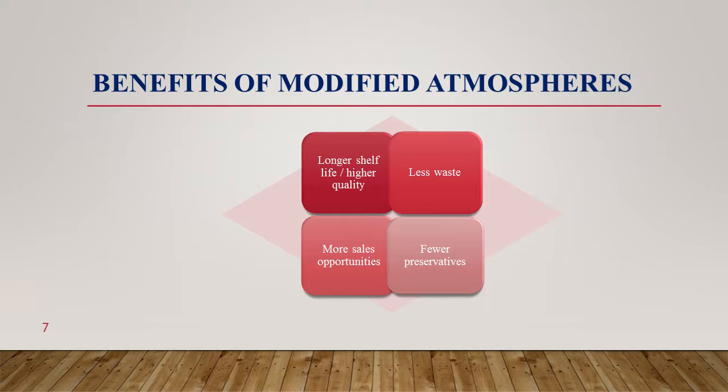Third, more sales opportunities. For growers and consumers, it can extend the season of certain fruits and vegetables. Fourth, fewer preservatives. Modified atmosphere packaging enables processors to extend shelf life without using preservatives. It is also ideal for the packaging of organic produce.